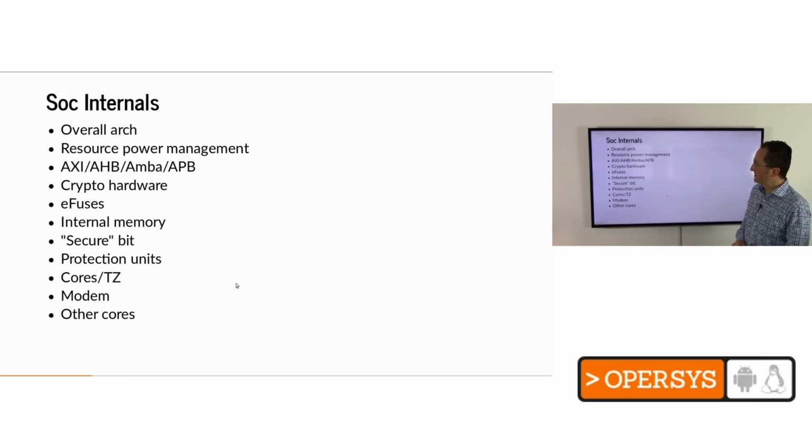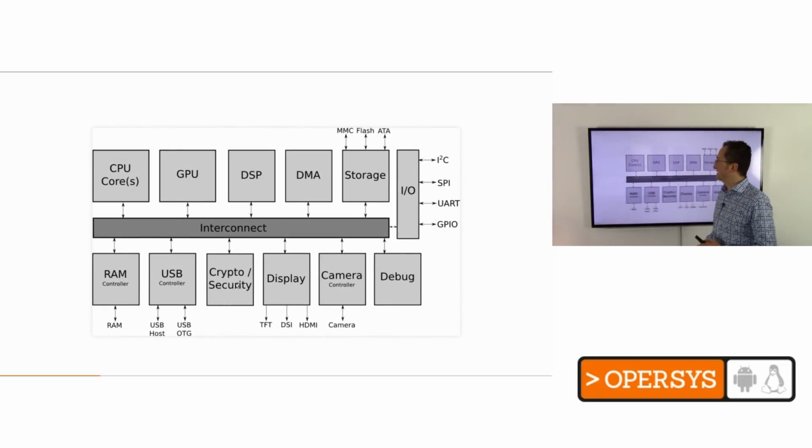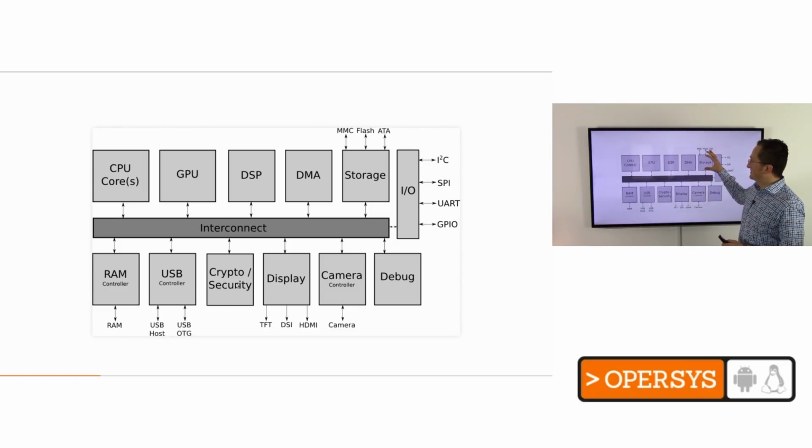All right. Okay. So let's take a look at how system-on-chip systems work. What does it look like? And in as much detail as we can get here, to get a good idea of what it is that we're trying to secure and how the hardware enables us to secure those things. So this is a generic diagram of a system-on-chip.